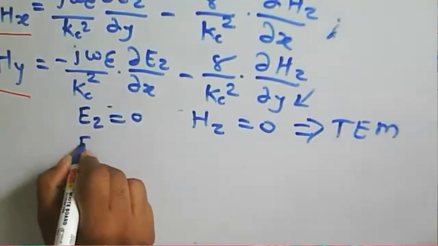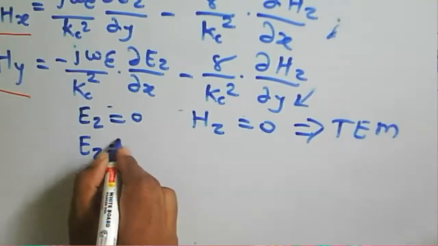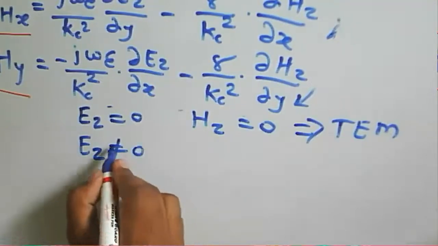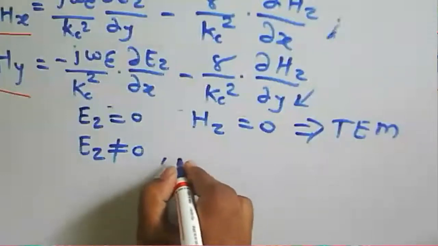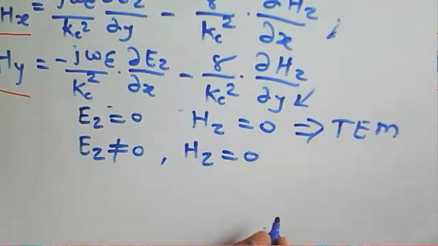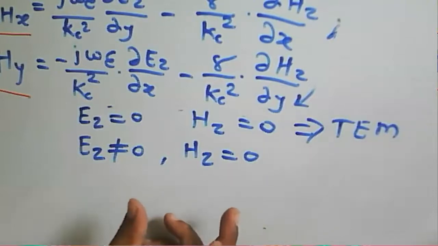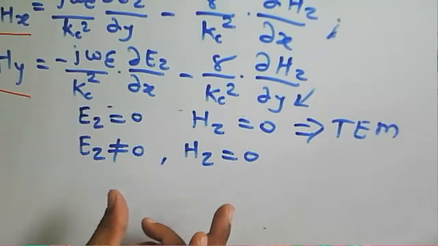Now next, we are supposed to consider that Ez is not equal to 0, but Hz is equal to 0. Now from this, all the components are not 0. Only one of the components is not 0 and the other is 0.